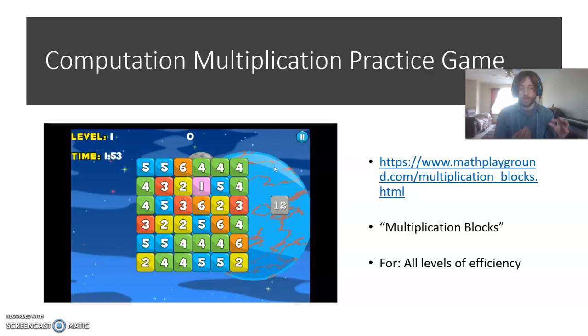And they do that until the time limit goes away or they have all the blocks gone. And this is for all levels because students that are at proficiency and above, this keeps them sharp. And then those that are below or approaching, this can help them understand multiplication more and give them practice.